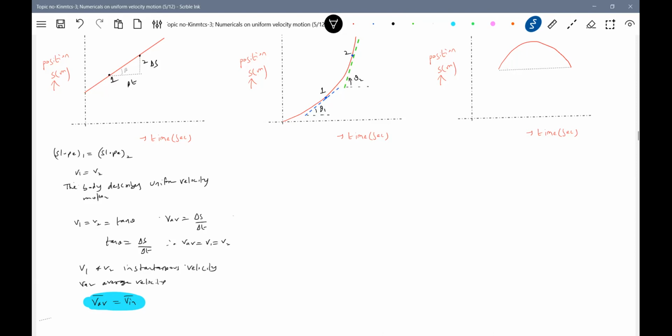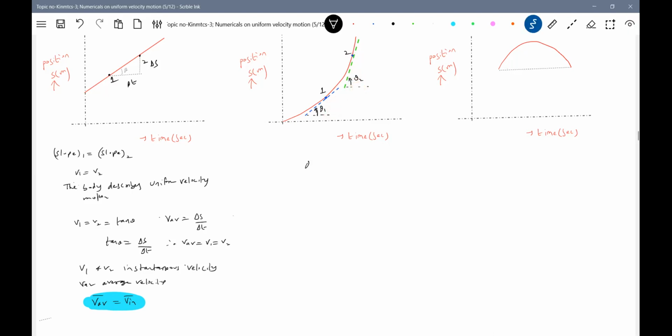We know in an ST graph, the slope of the tangent drawn at a given point will give the instantaneous velocity. Looking at the diagram, theta 2 is definitely more than theta 1. What are these green color lines? They are tangents. At points 1 and 2, I drew the tangent. Then I measure the angles theta 1 and theta 2.